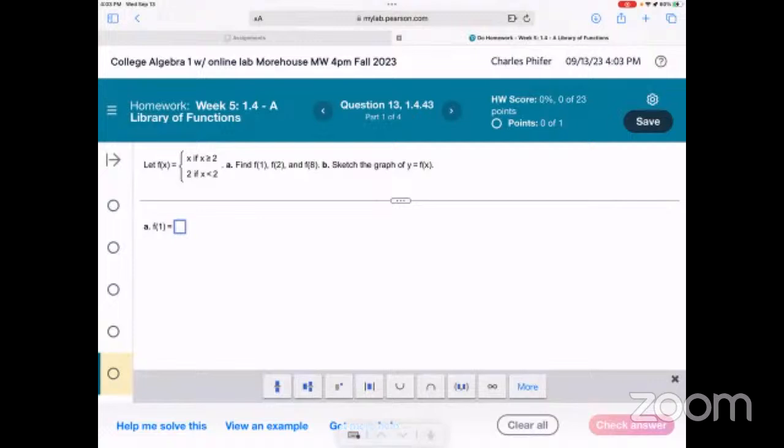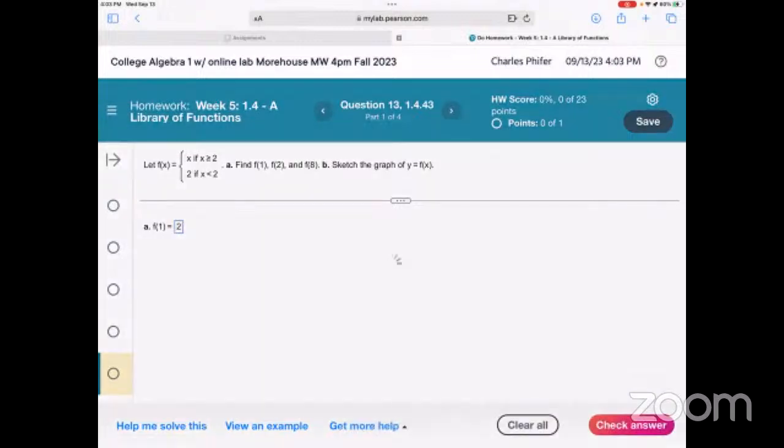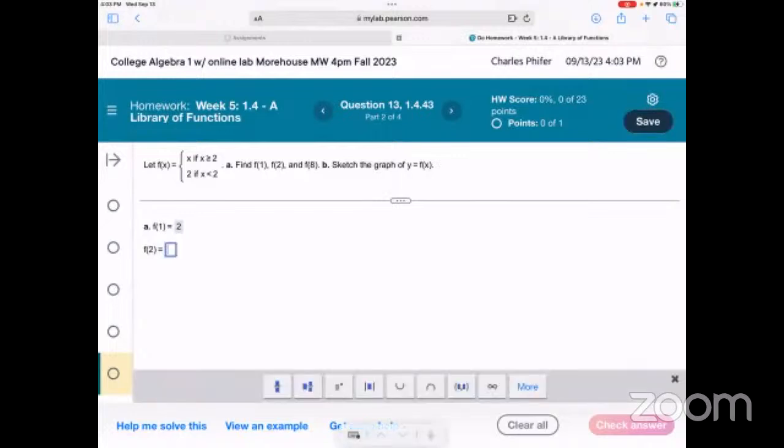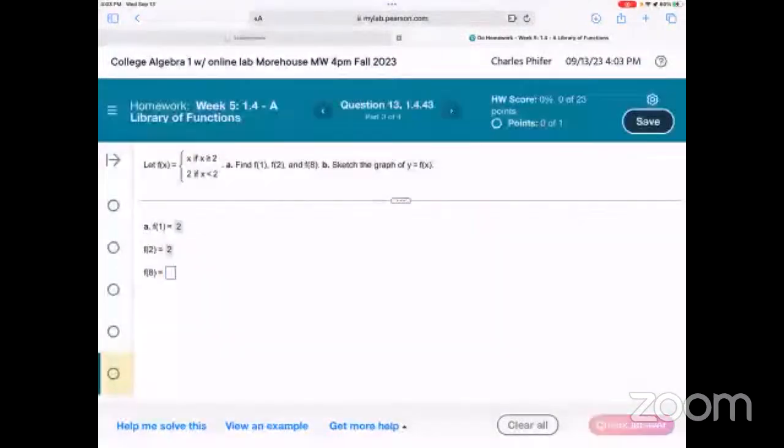When x is 2, we use line 1 because x is equal to 2, and so y equals x. That answer is going to be 2 as well. When x is 8, because 8 is bigger than 2, we're going to use line 1. The output is just x itself, which in this case is 8.